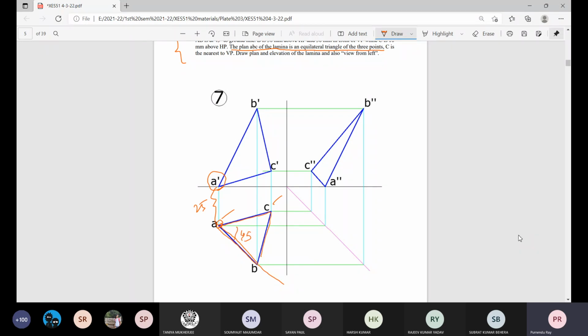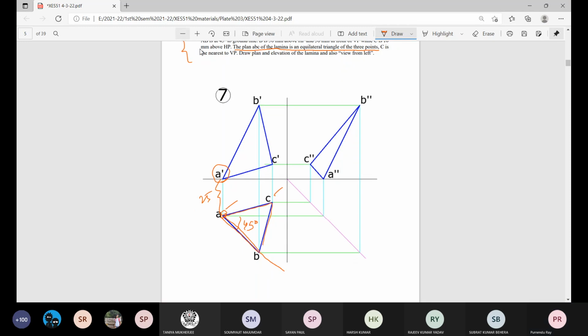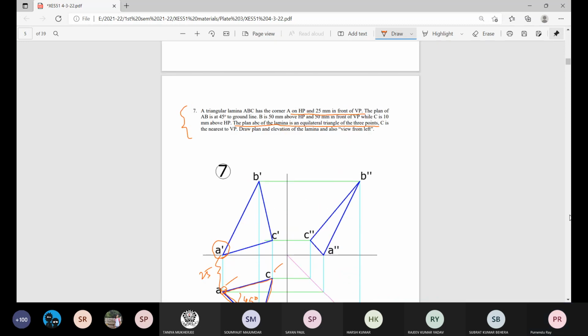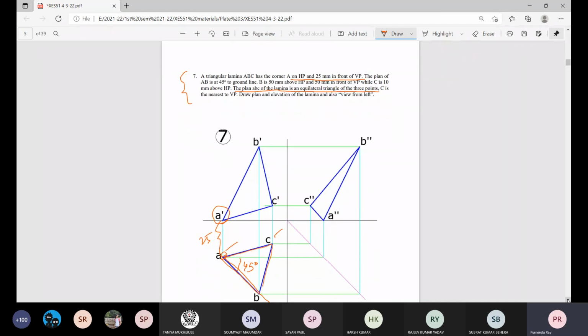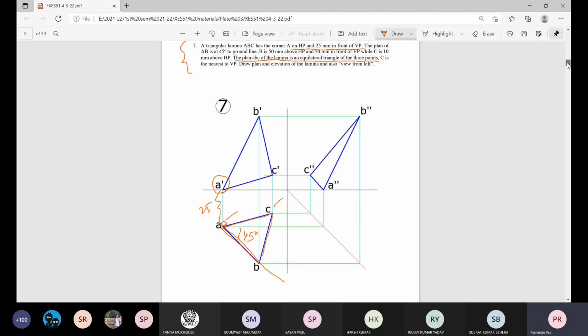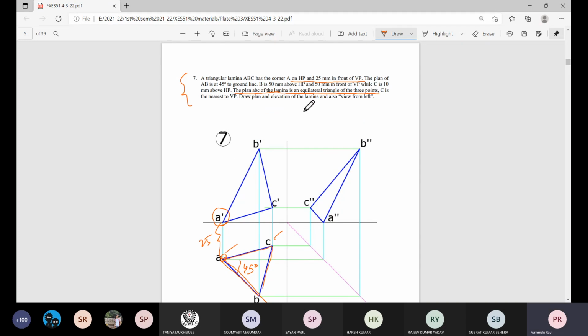As it is mentioned here, the plane of AB is at 45 degrees to the ground line and B is 50 millimeter above HP. So along this 45 degree line, B will be placed.